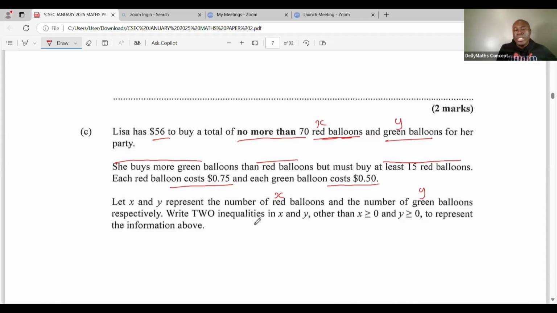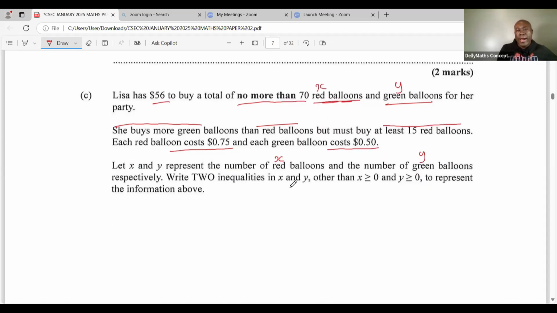Now it says write two inequalities in x and y, other than x is greater than 0 and y is greater than 0, to represent the information. All right, they only ask us to write two. They have given us like four pieces of information here, so let us pick one.